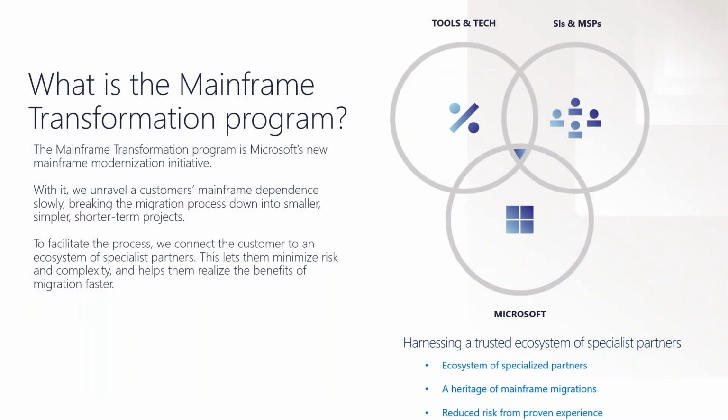So let's talk briefly about the fact that we do have a transformation program, and how do we enable that? Well, we enable it by having an ecosystem of specialized partners. What do I mean by that? Remember we talked about having a rehost, a refactor, and re-architecture.